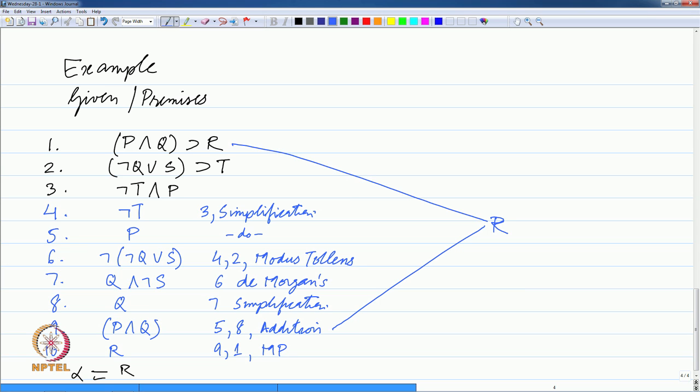Now, in this we assumed that something was given to us and then from there we moved forward.